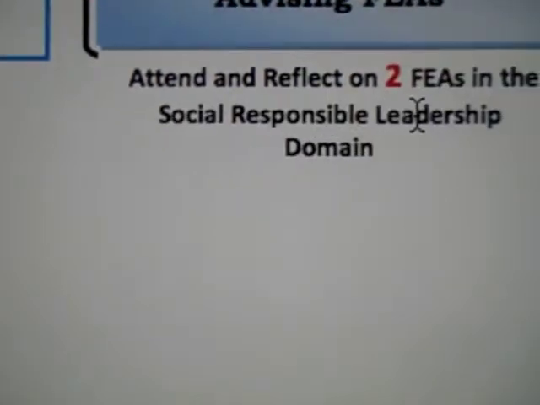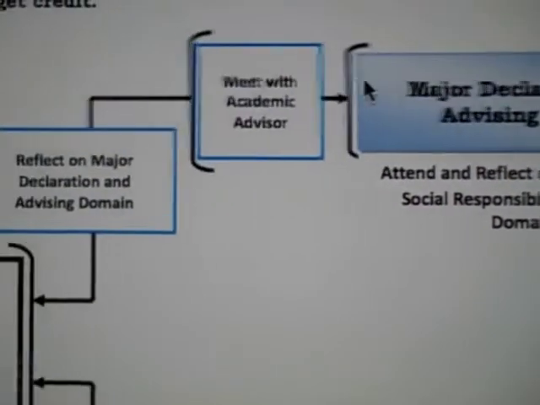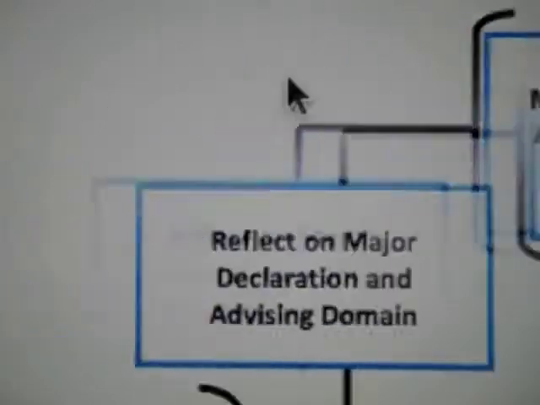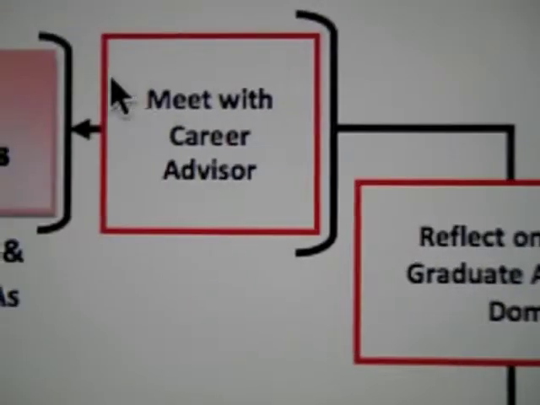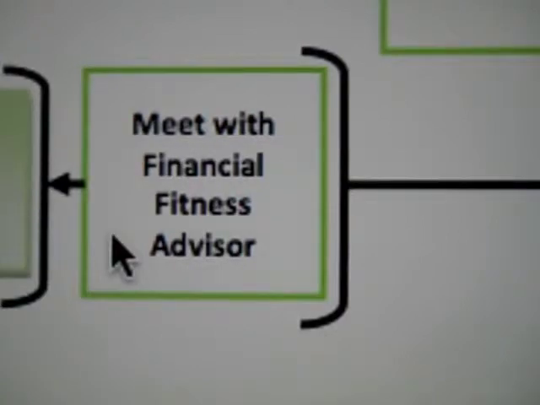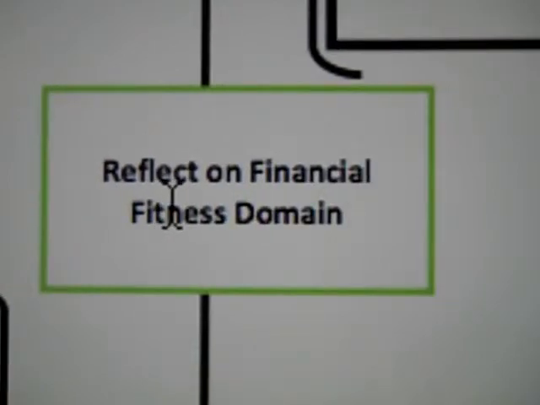Don't worry about this little mistake here. It's just a mistake that I made on the roadmap. I'll fix that and post the new one on the website. And again, the 3 advisor meetings, 1, 2, 3. So in total that's 13 requirements, and then you reflect on each domain.